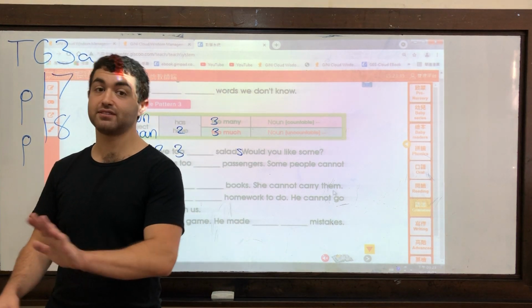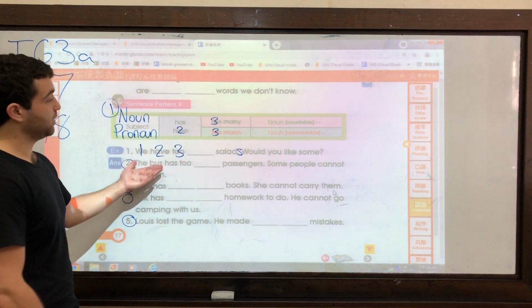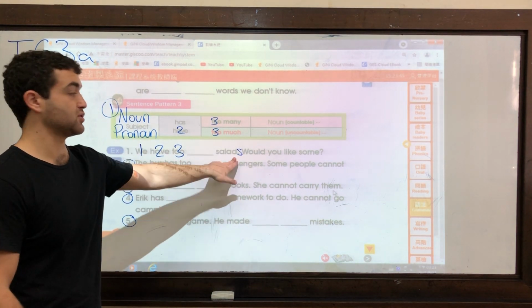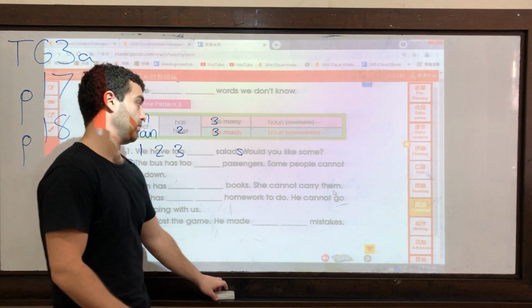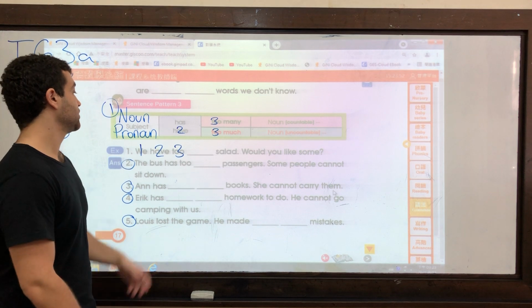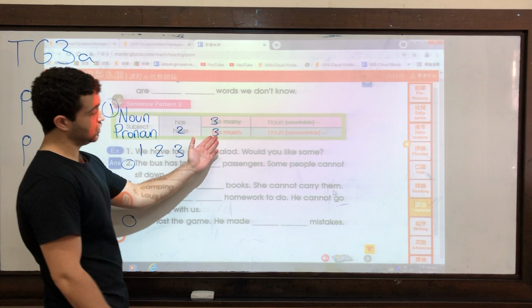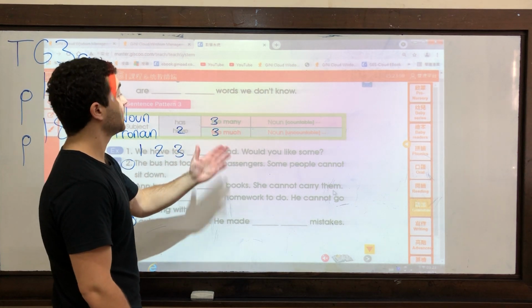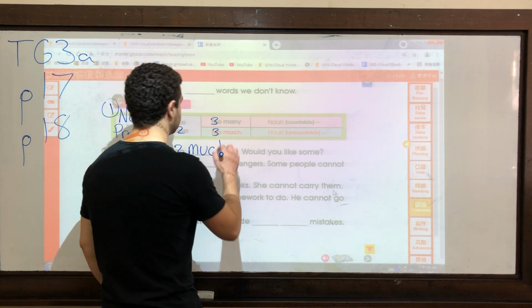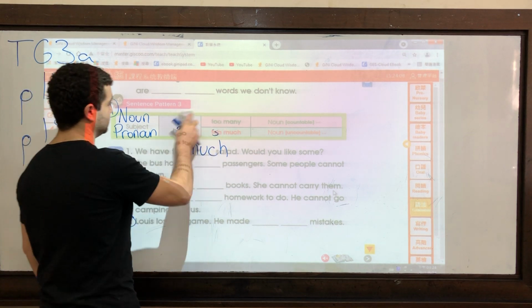So if I have 5 different bowls of salad, then I could say, we have too many salads. But there is no S. So because there is no S, it is uncountable. So we have too much salad.